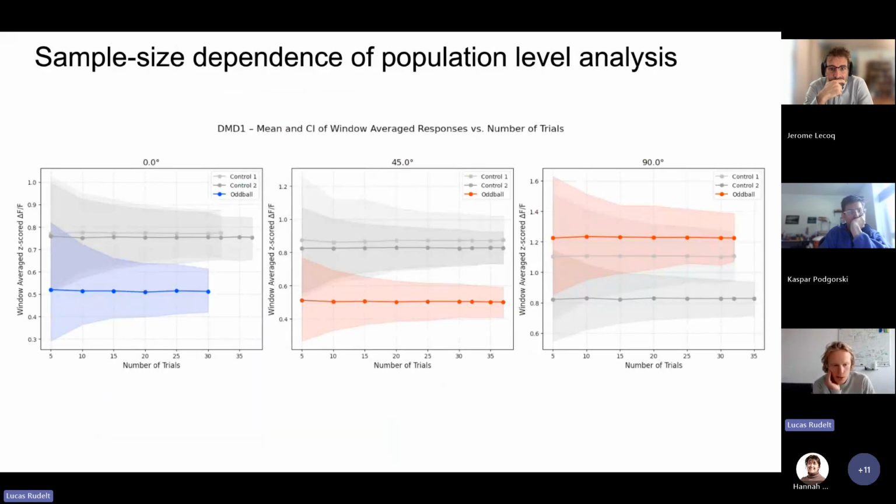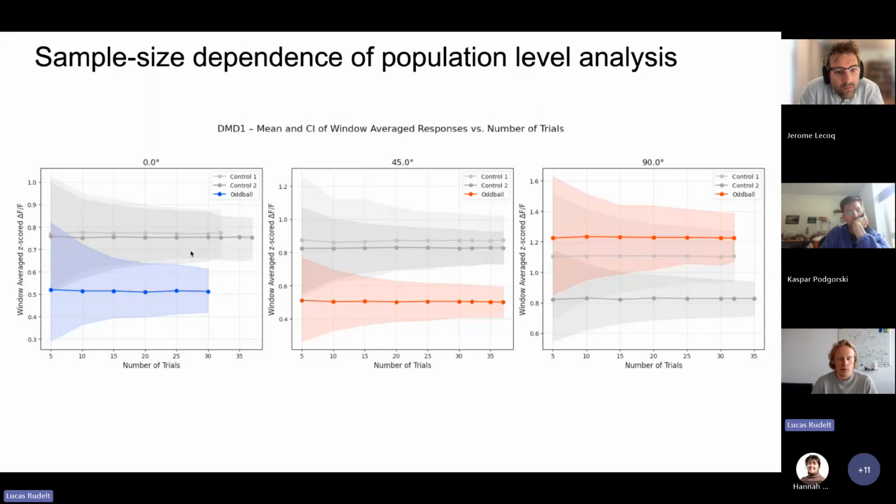I randomly subsampled the data that we have, essentially repeating this analysis. And here you just see the mean over the stimulus window, averaged over all ROIs, control 1, control 2, and the oddball.